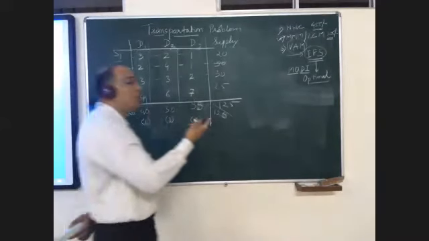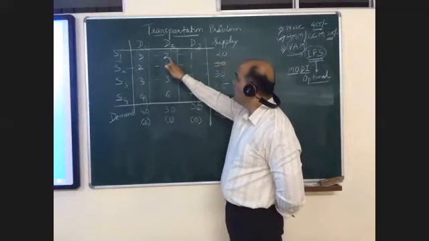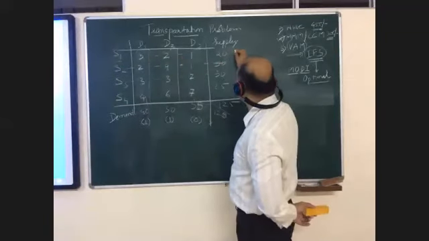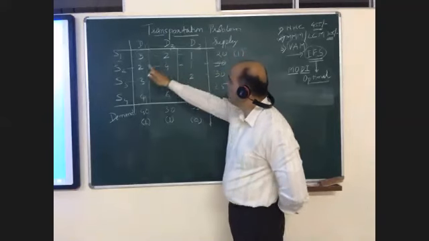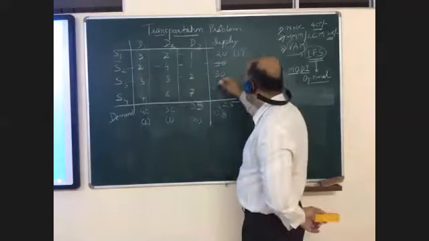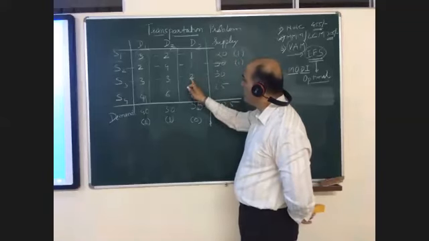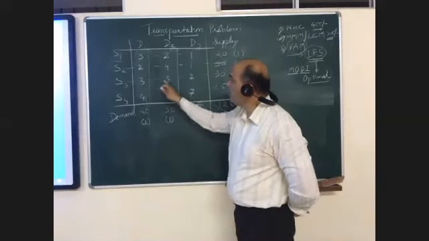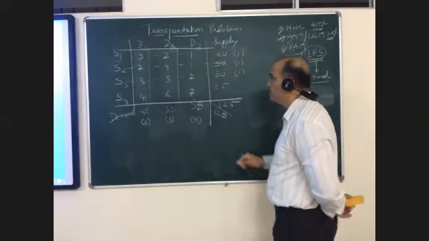Similarly, I'll go for the rows. Minimum is 1, next minimum is 2, the difference is 1. Minimum is 1, next minimum is 2. Minimum is 2, next minimum is 3, so the difference is 1.